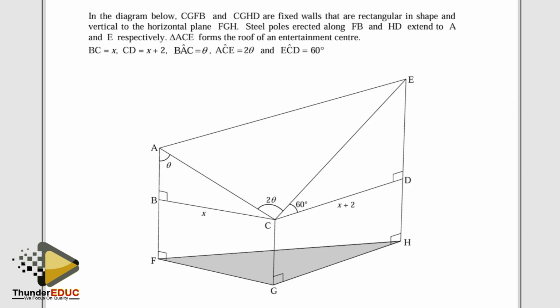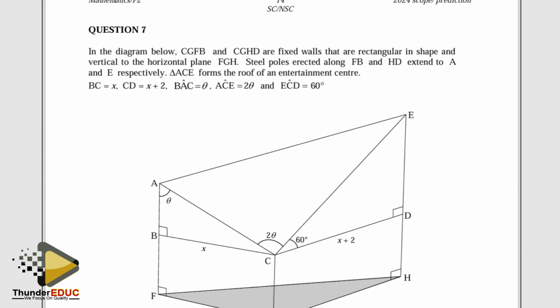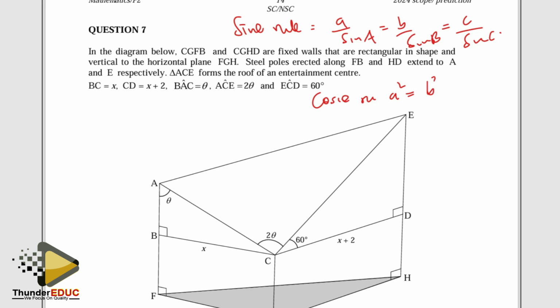Let's look at question number 7, which is the 3D trig. So in this question, what we normally use is what we call the sine rule: a over sine of A is equal to b over sine of B, or c over sine of C. We also use the cosine rule, which is a squared is equal to b squared plus c squared minus twice bc cos of A. And then we also have what we call the area rule.